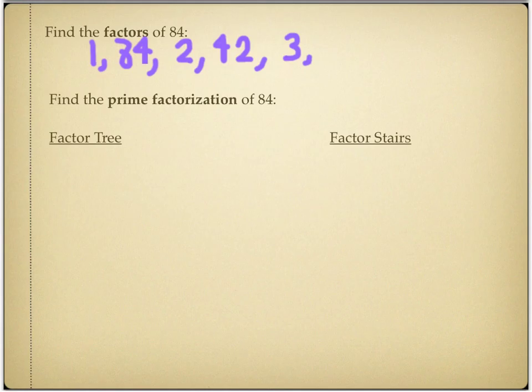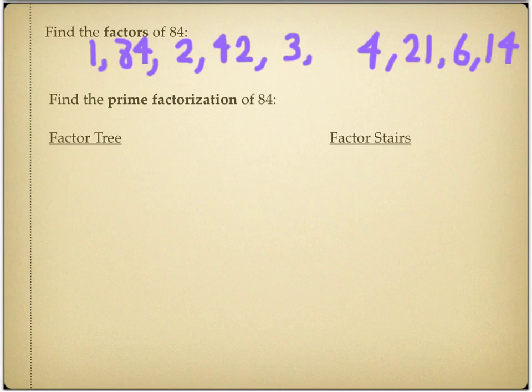So 3 and something. 4 and 21, and not 5. How about 6? Yeah, 84 can actually be divided by 6. So it's going to be 14 times 6. So I have all kinds of factors here for 84.